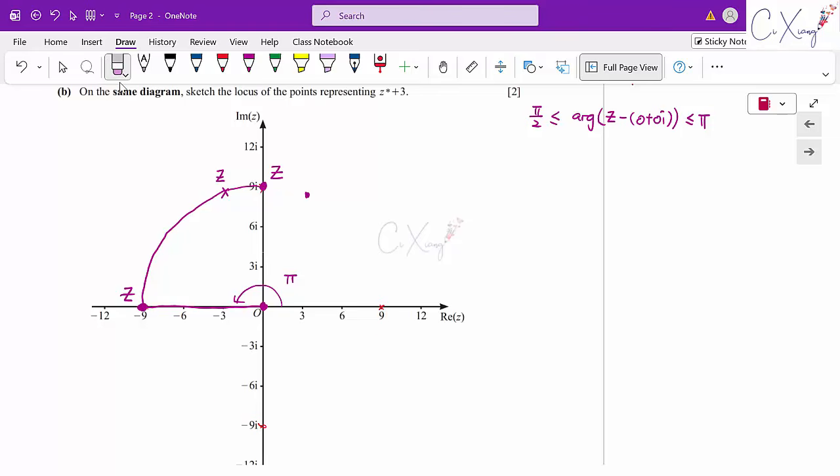So the final answer for this particular locus will be this purple curve that fulfills both conditions given in the question. This whole purple part here is the locus of z.